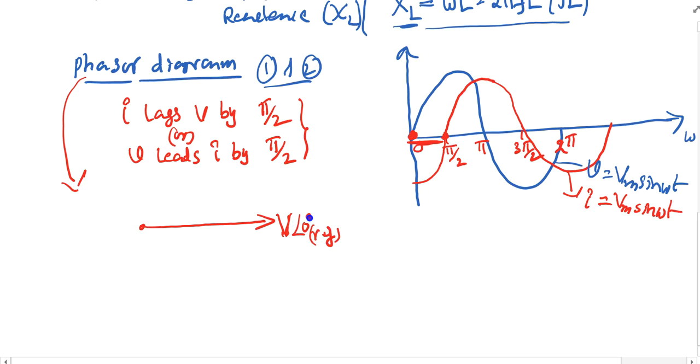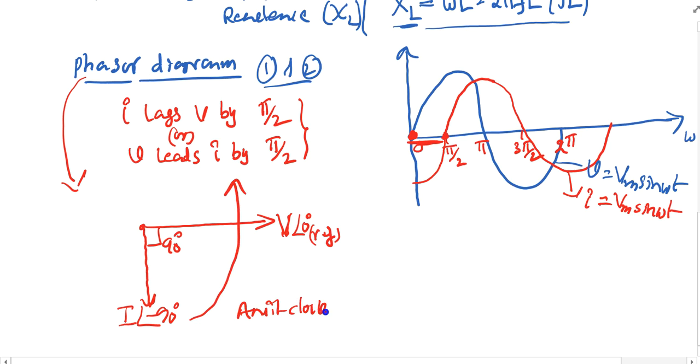My current lags by 90 degrees, so the current I is drawn in this direction, lagging by 90 degrees, because my vectors always rotate in the anti-clockwise direction.